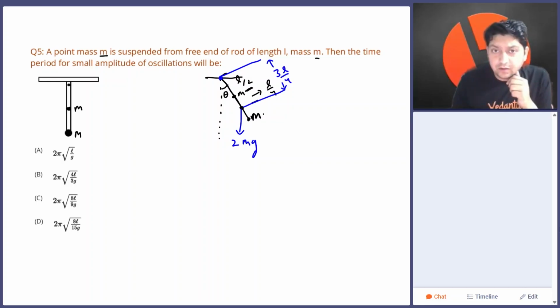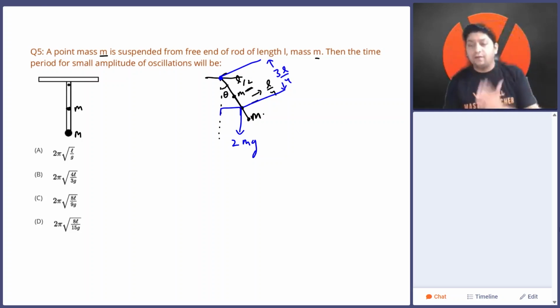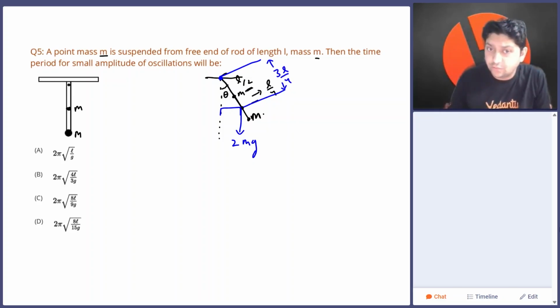This is the point of oscillation, and this is the point where the axis of rotation must be passing, and the perpendicular distance between the line of action of force and the axis of rotation will be 3L by 4 sine theta, right? So this will be 3L by 4 sine theta. Let me write it down in a proper manner.